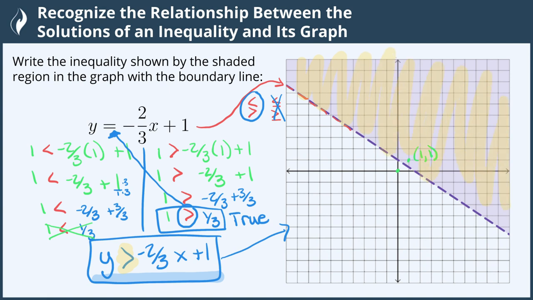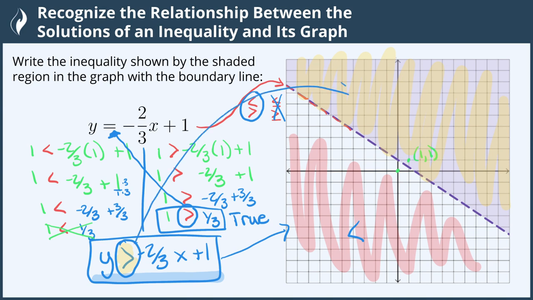If it were shaded below the boundary line down here, then the inequality would be less than. This only occurs if it's already in the y equals mx plus b form. In this case it is, and so we can verify that we have a greater than sign and it is shaded above the line. And we're all done.